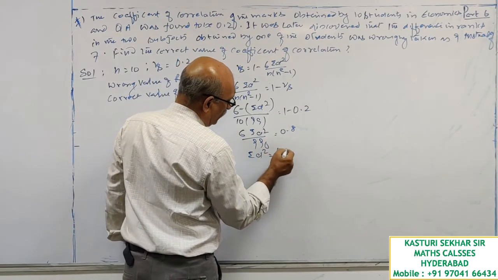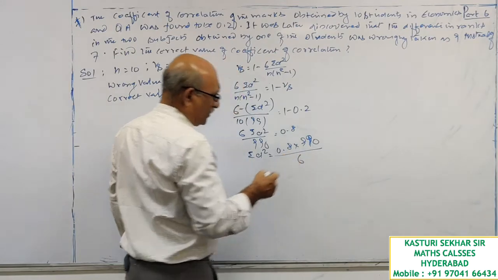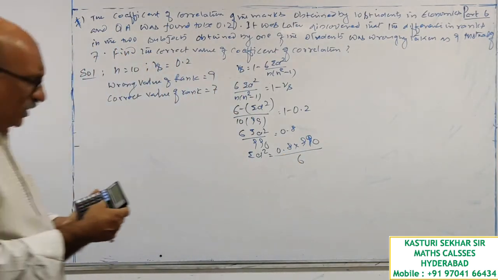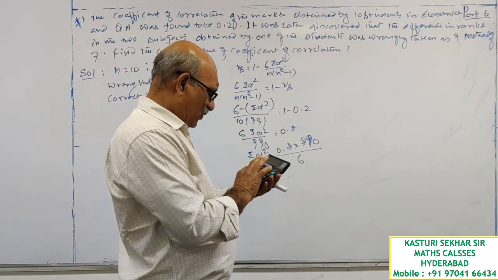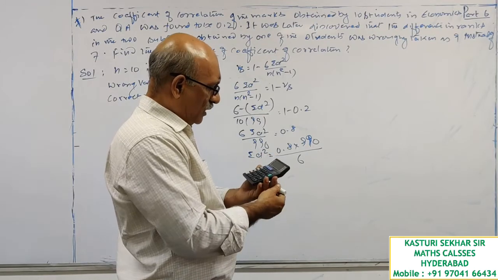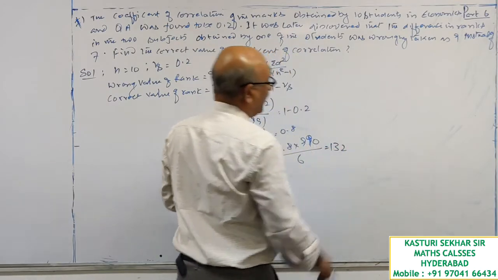Summation of d square is 0.8 into 990 divided by 6. This is 132.